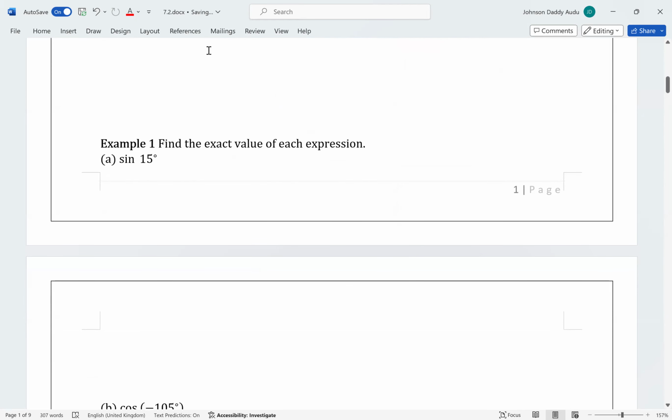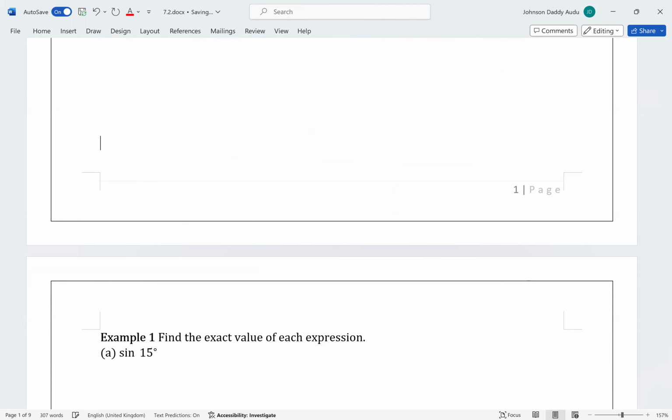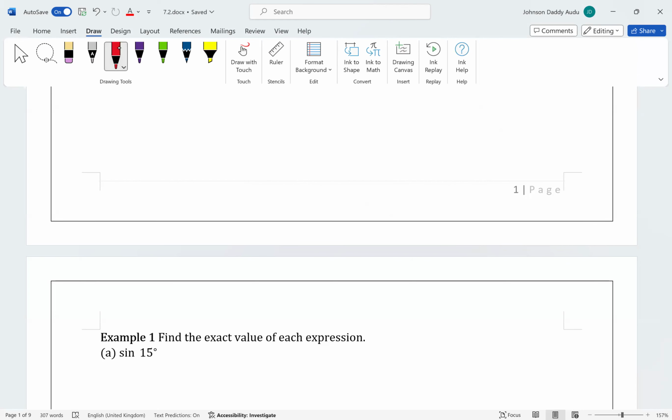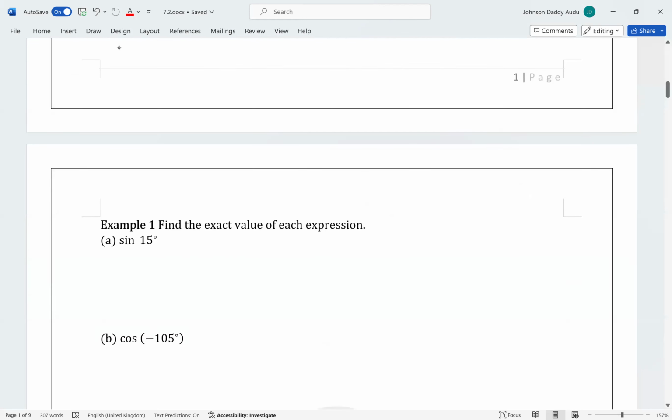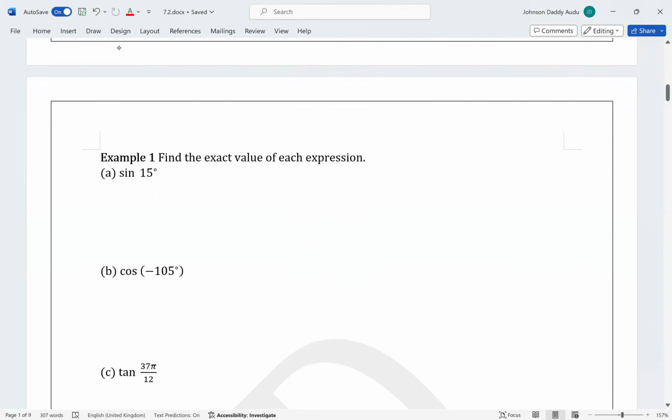Example 1 says we should find the exact value of sine 15. Now, sine 15 is not a famous angle. Since it's not a famous angle, we can rewrite it as the sum or difference of famous angles.